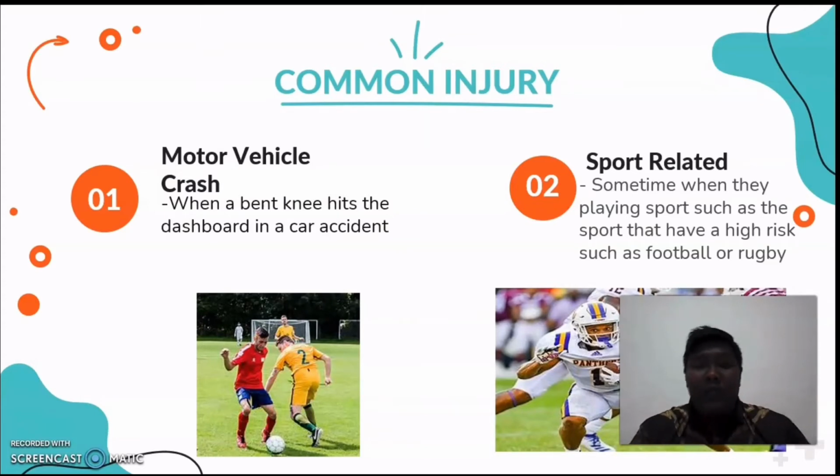As we know, the front is most at risk of hitting the dashboard when the knee is bent, and suddenly when the accident happens, it will hit the dashboard, and it makes the posterior cruciate ligament tear.